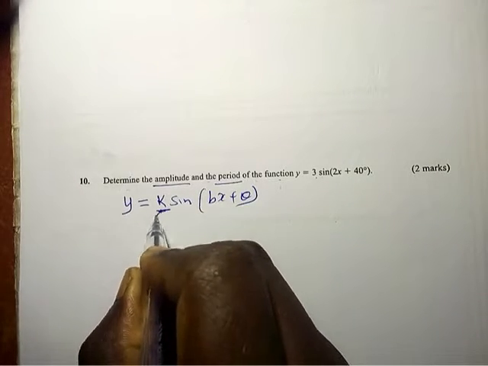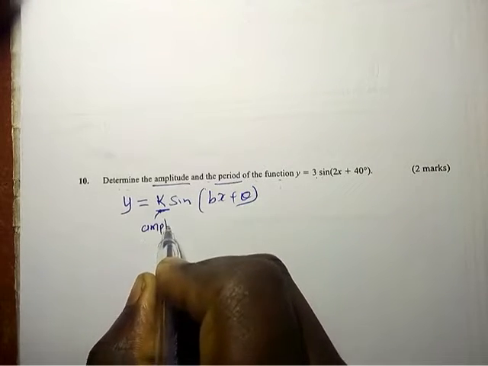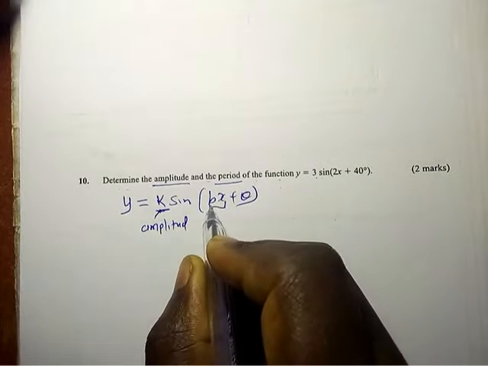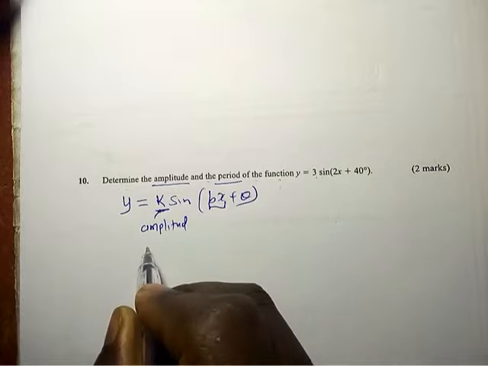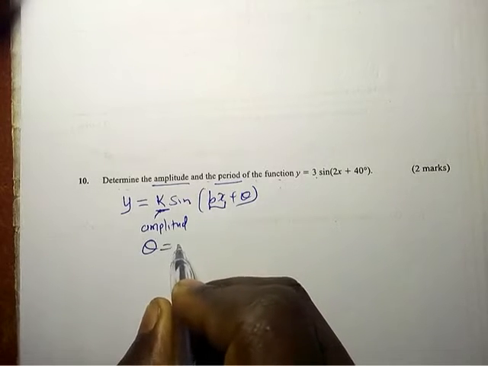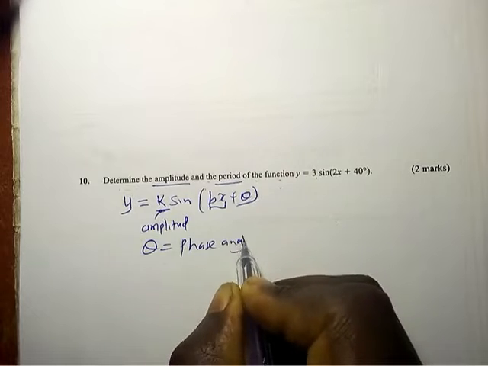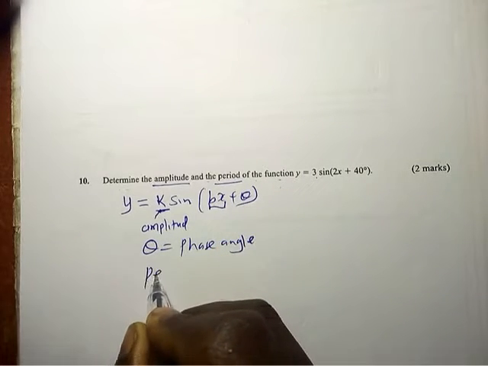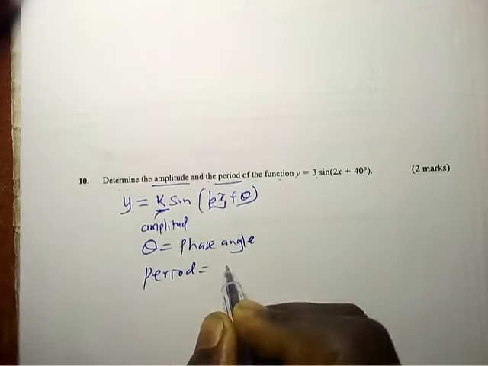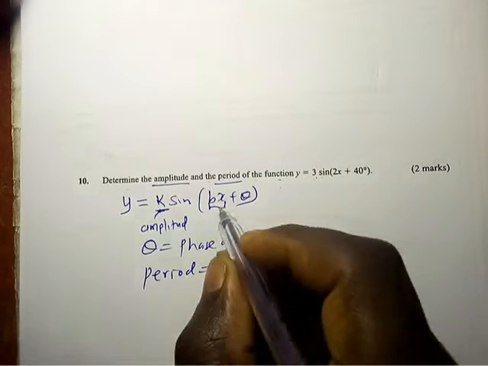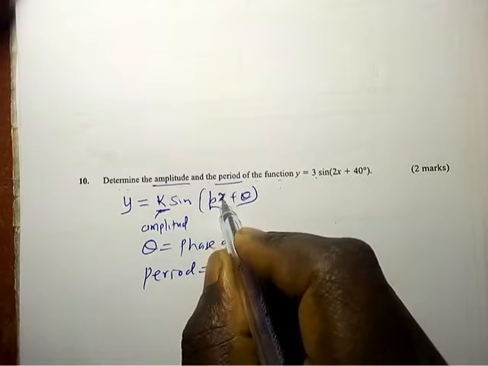K is the amplitude, theta is the phase angle, and then the period is 360 divided by b, the coefficient of this x.